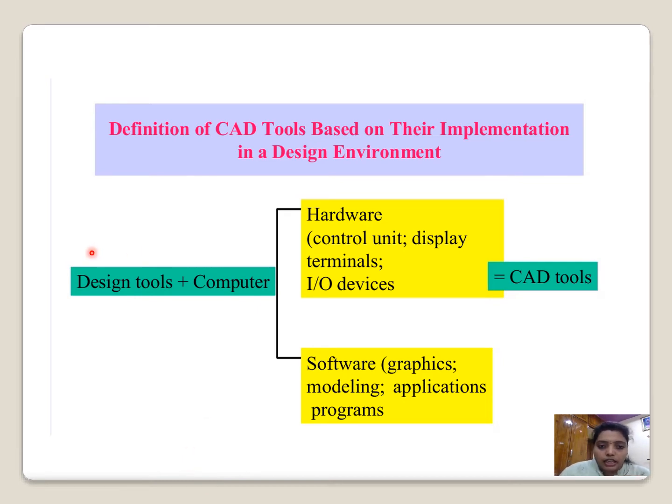First of all, see here. Definition of CAD tools based on their implementation in a design environment. Okay, now in this slide what we are seeing means how we are using these CAD tools based on their implementation in a design environment.